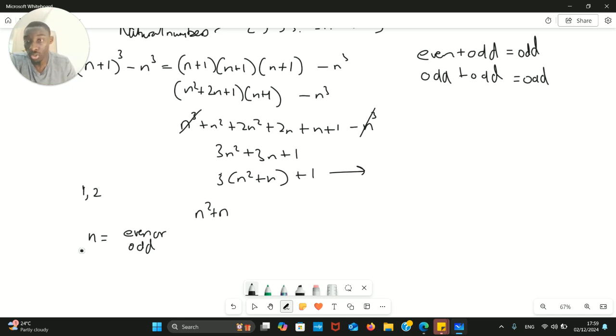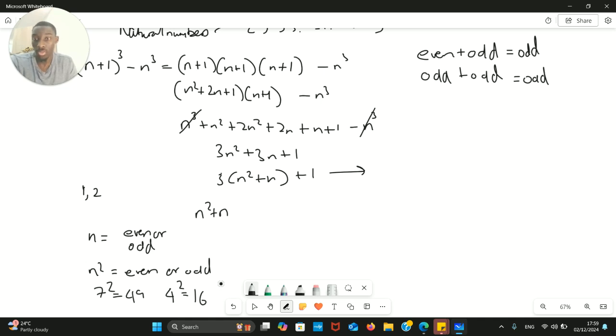Now, when you square an even number or an odd number, you're always going to get an even or an odd number respectively. So for example, 7 squared is 49, and 4 squared is 16. So these are the possible solutions you get when you square it.